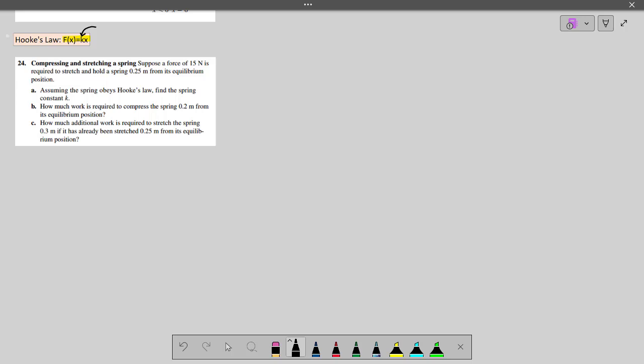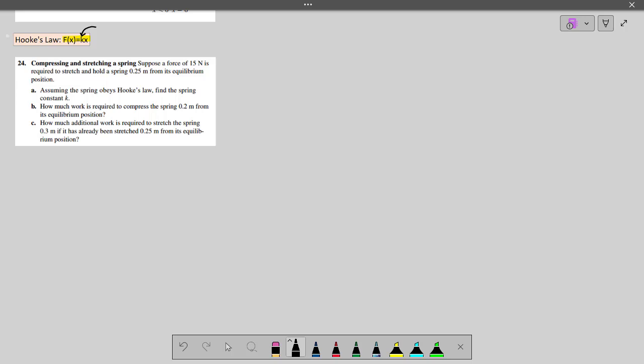Every radioactive isotope has its own decay constant. Same idea. Every spring has its own spring constant. So we have to find that spring constant by using some initial value. Same thing you did in college algebra with the radioactive isotopes, with the half-life. The half-life of an isotope was whatever it was. You plugged those in and you figured out what the K value was.